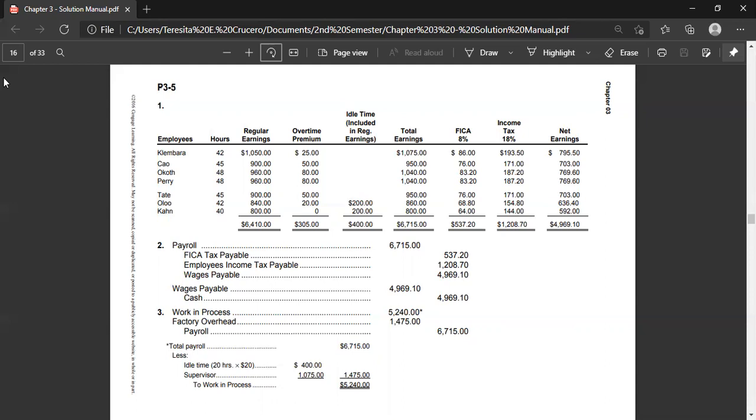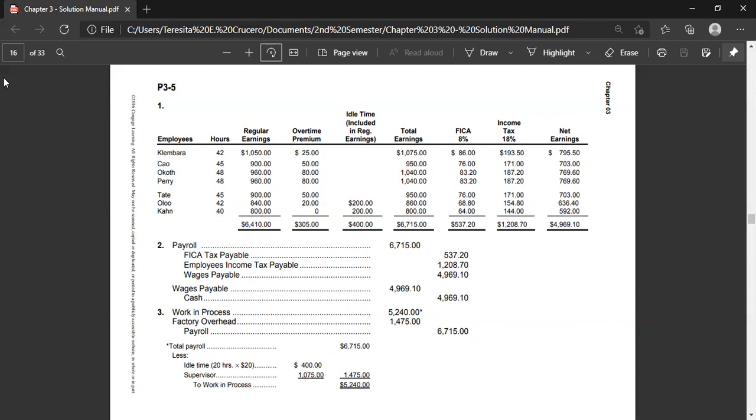So here you find the unemployment taxes, and we have the FICA tax. Now we have federal tax and state tax for unemployment, and we have the total payroll, direct labor classification, indirect labor.